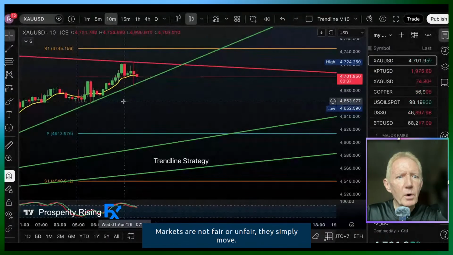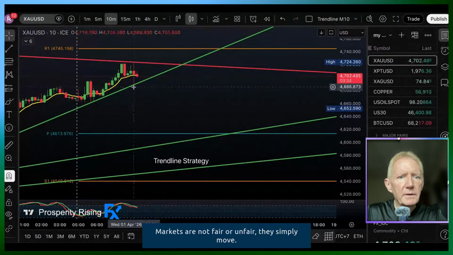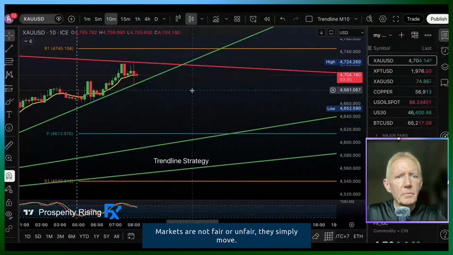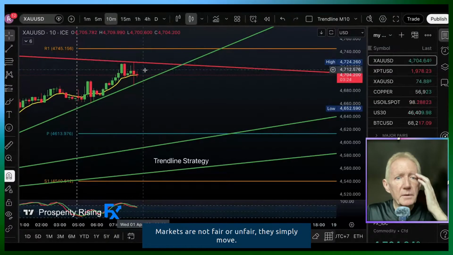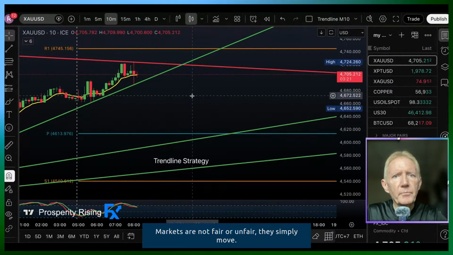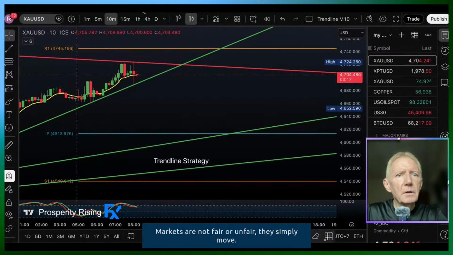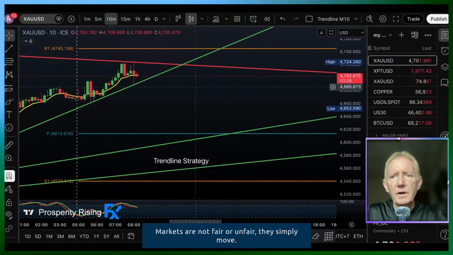Some people take a bounce from the trend line, but my preferred strategy is to wait for a break above the trend line to go long and a break below the trend line to go short. So I'm just sitting on my hands and waiting, that's what we do as traders most of the time. 95% of our time, we just sit on our hands and wait.